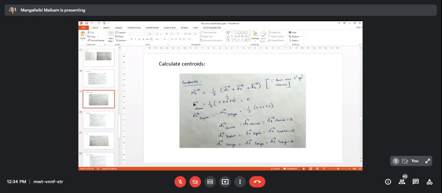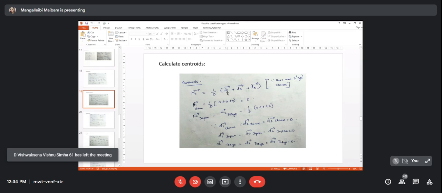Since there are three yes-class documents, d1, d2, d3 belong to the yes class, whereas d4 belongs to the no class. So we have three document vectors written here divided by 3.